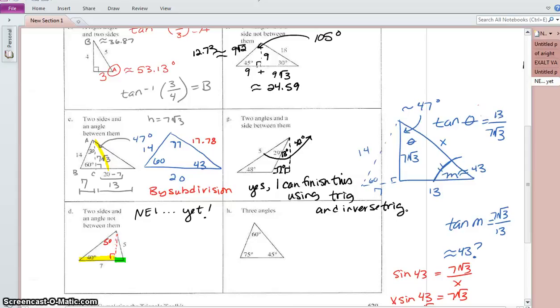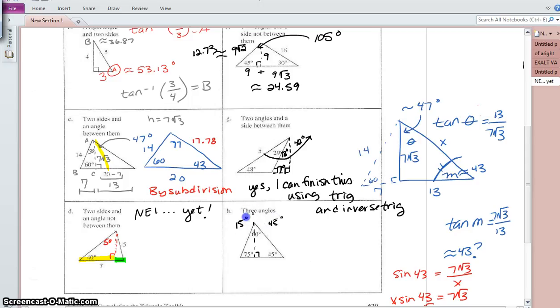So how about H? Can I find side lengths if I just know the three angles? There is not enough information here in this 75, 90, what will that be? 90 minus 75, 15, 90, and 45, 45.